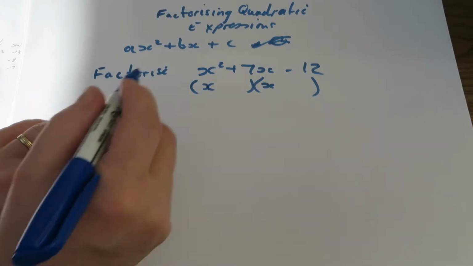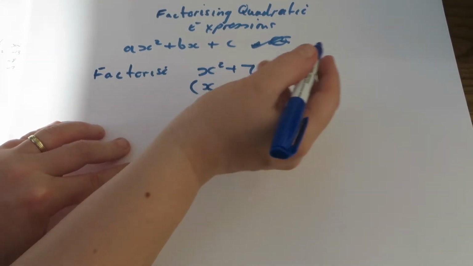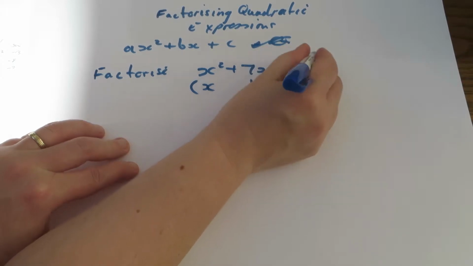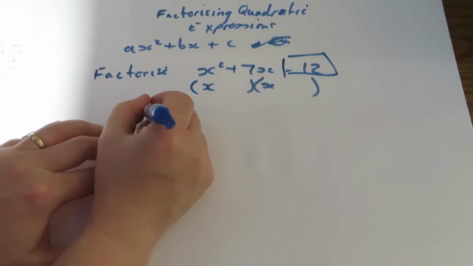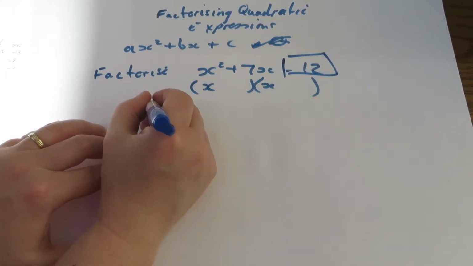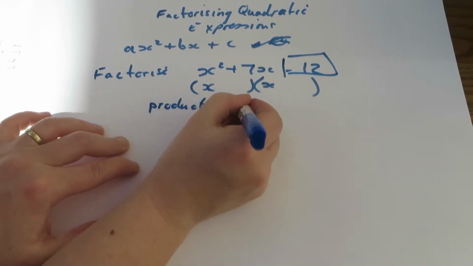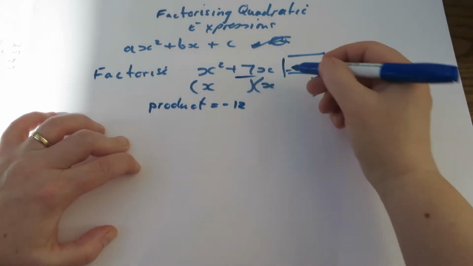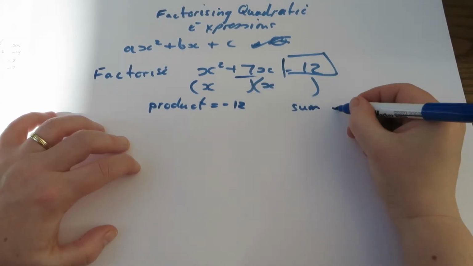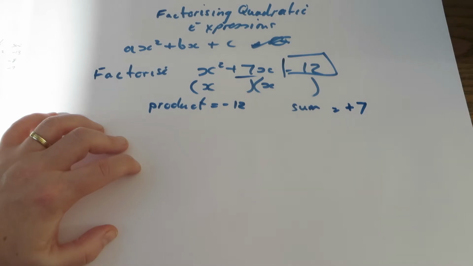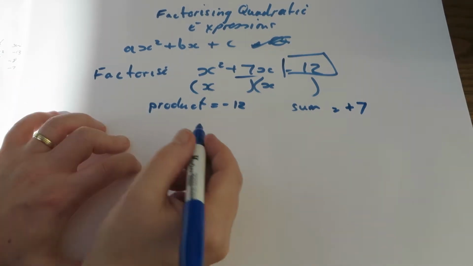So what we're looking for here is a set of numbers that when we multiply 2 numbers together, so the product of 2 numbers, will give us 12, and where the sum of 2 numbers will give us plus 7. So let's have a look at all the numbers that can give us 12.